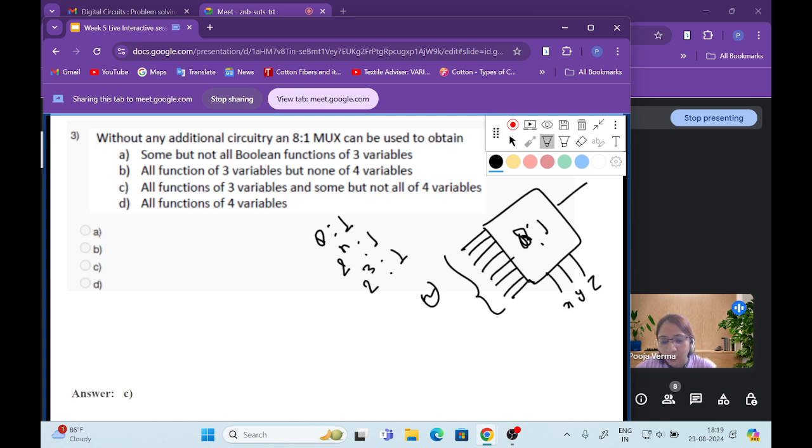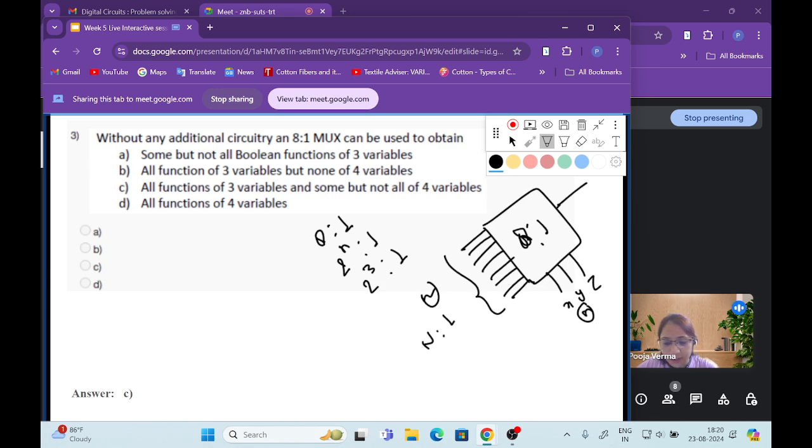So already we know that a mux is a combinational circuit that accepts data from multiple input lines and passes it to a single output line through selection signals. So for an n:1 mux, n is the number of inputs. Here 8 is the number of inputs and small n is the number of selection lines.